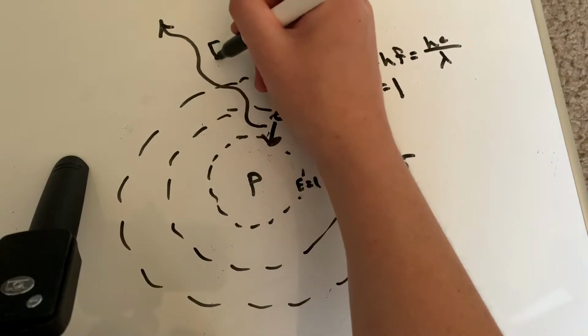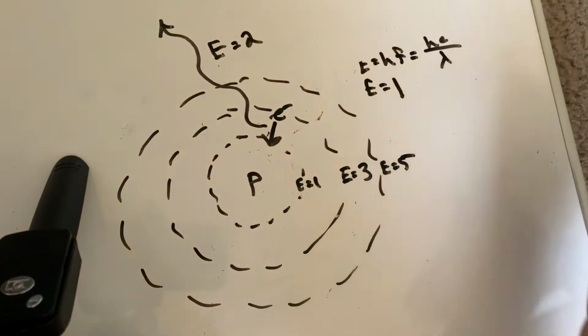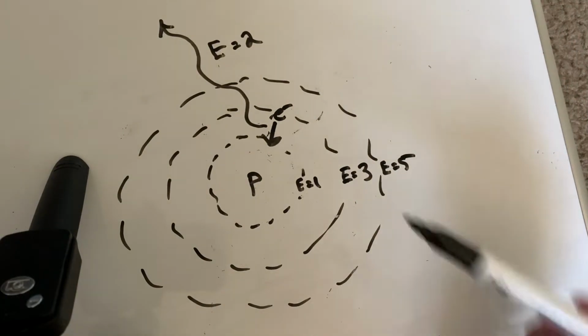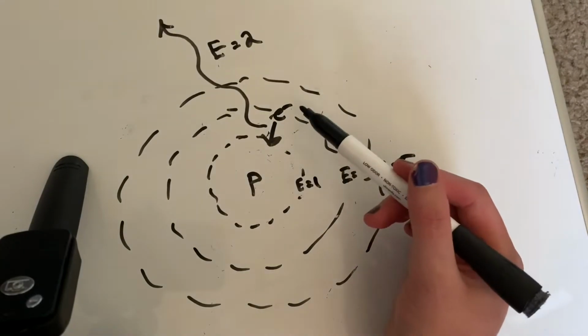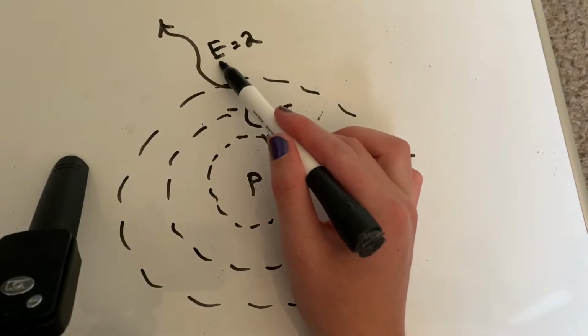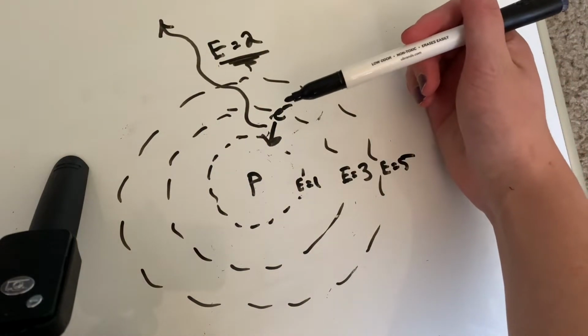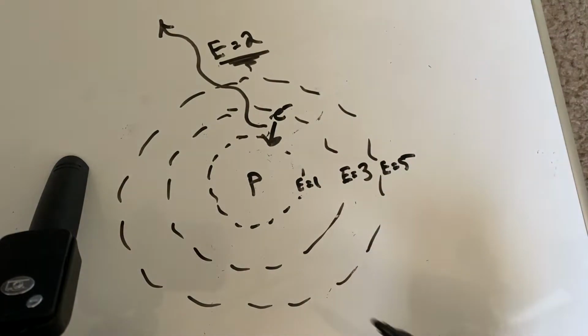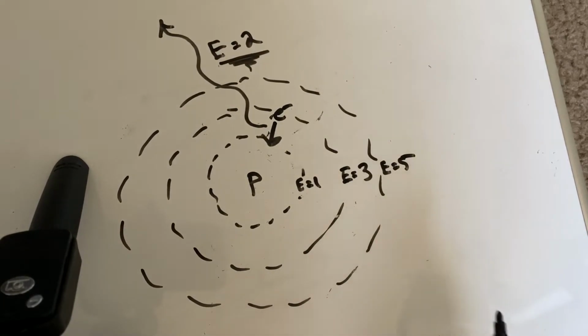This will have an energy corresponding to the difference in these energy levels, in this case, 2. This process is called emission because a light wave is getting emitted. The emission of this light wave will again only happen at very specific energies. You will never have light emitted from this atom that has an energy of 1 because 1 does not correspond to the difference between any of these energy levels.